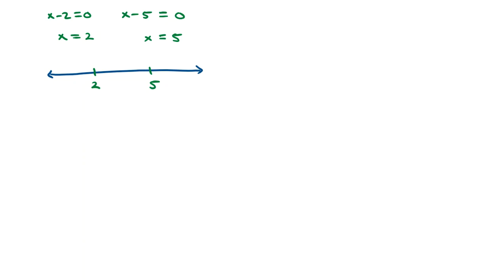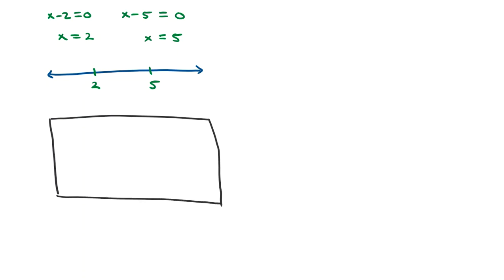I think one of the easier ways of doing this is to do a sign chart. What I'm going to do is right underneath here, make a little table. Hopefully I made that large enough. There are going to be 3 columns to this table.